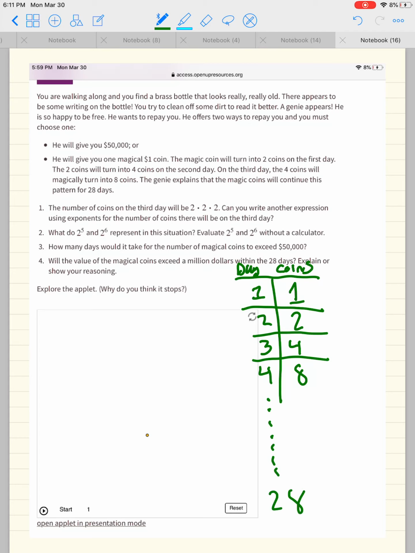Now, number 1 says the number of coins on the third day will be 2 times 2 times 2, right? Oh, I'm sorry, I did this wrong. This is day, oops.